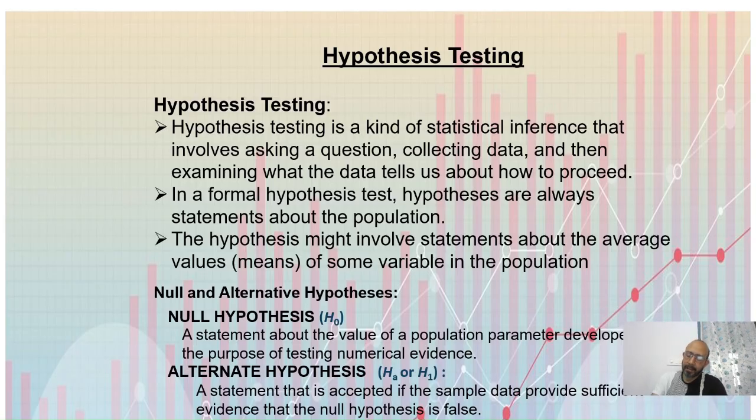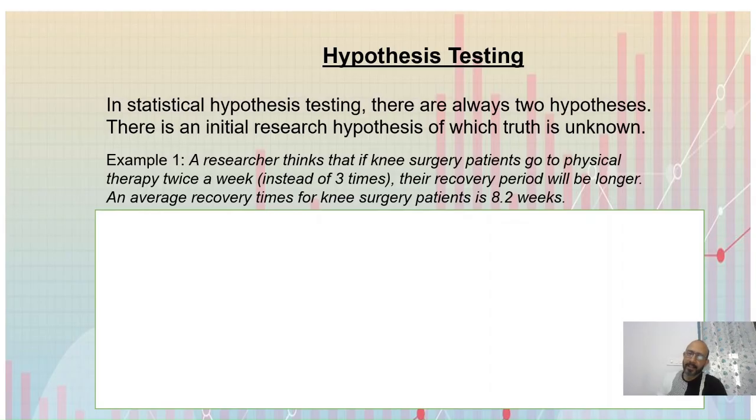For example, a researcher thinks that if knee surgery patients go to physical therapy twice a week instead of 3 times, their recovery period will be longer. And the average recovery time for knee surgery patients is 8.2 weeks. The hypothesis in the question is that the researcher believes the average recovery time is more than 8.2 weeks.